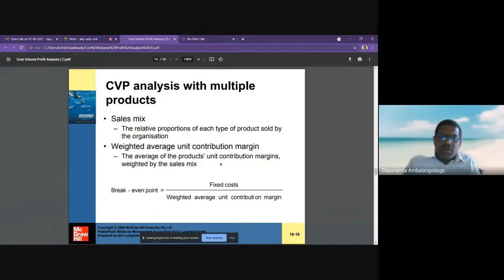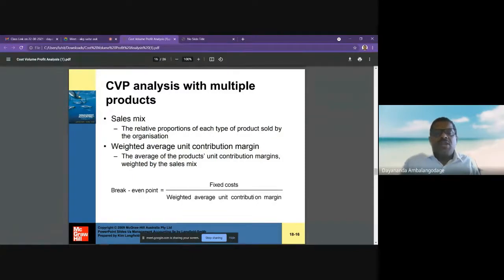Earlier we talked only about a single product. Now we are discussing multiple products, that means more than one product. That's why it's called sales mix.